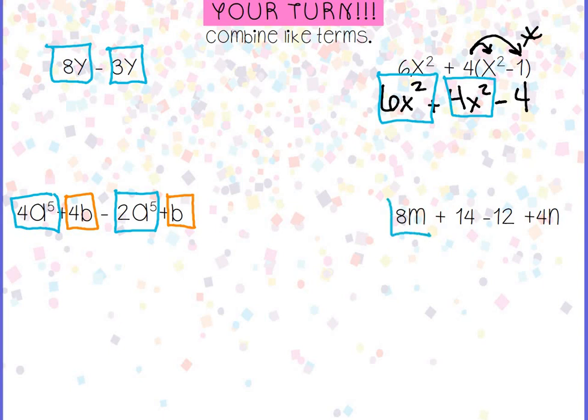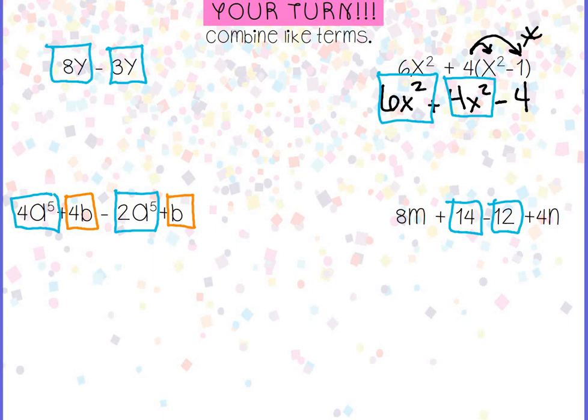And then here I have 8m. It's all by itself, so I actually don't have to put a box around it if I don't want to. Got a little excited there. But I do have 14 and 12. I cannot combine 8m and 4n because those are different variables.